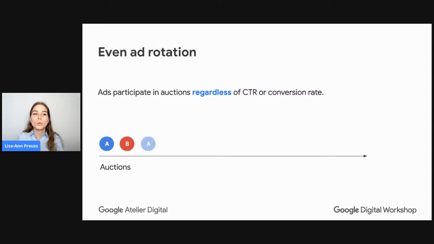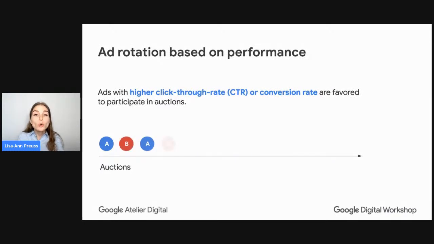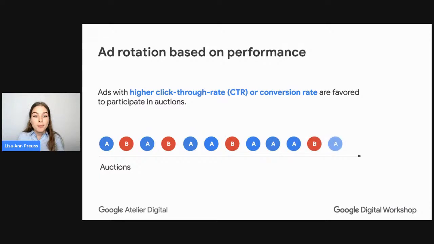As mentioned, there was the even ad rotation, which will have both ads participate in the auctions regardless of their click-through rate or conversion rate, but we chose the performance-based ad rotation, which also means that Google Ads will help us optimize the whole user experience by having the ad with the higher click-through rate or conversion rate participate in more auctions.